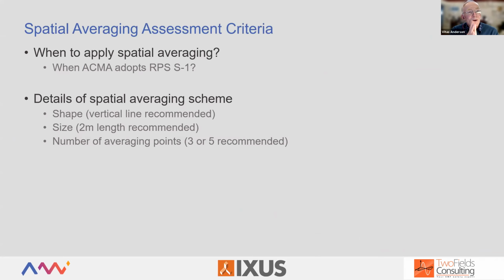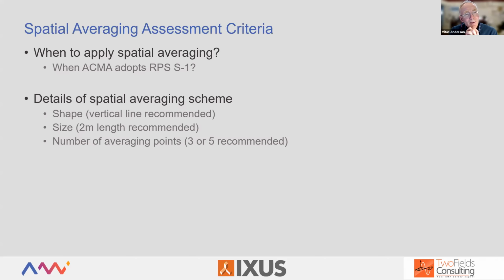So the first question was when to apply spatial averaging in your assessments. And I think at this stage, it's probably best to wait until ACMA actually formally adopts the RPS S-1 in their apparatus license condition determination.